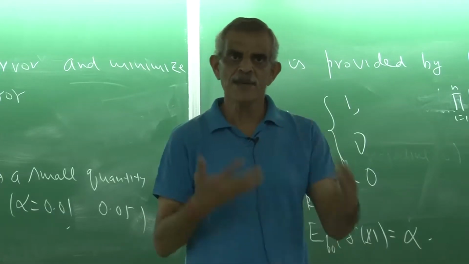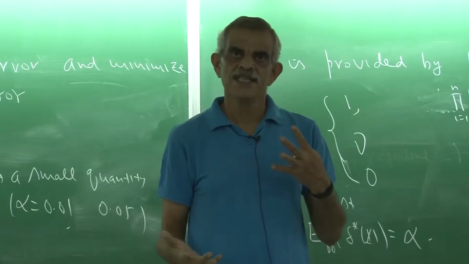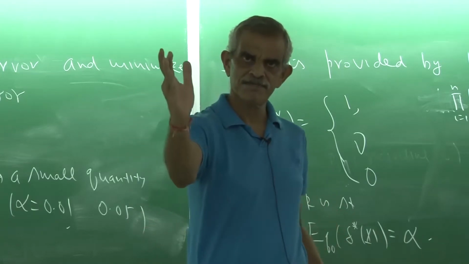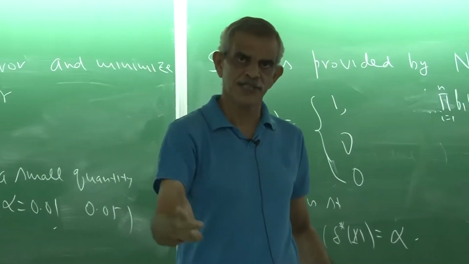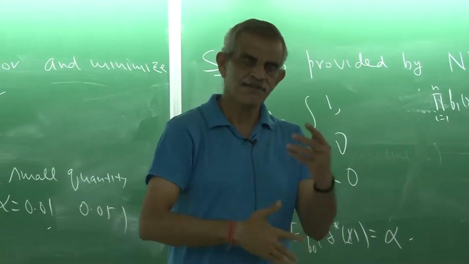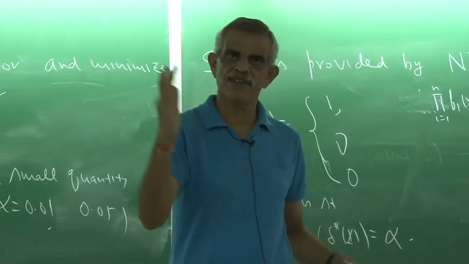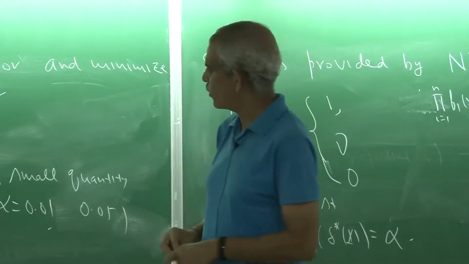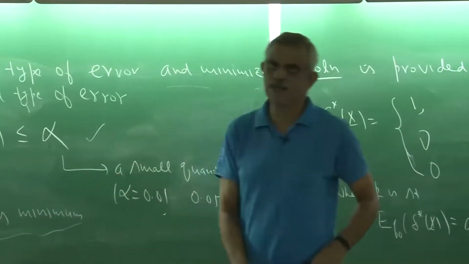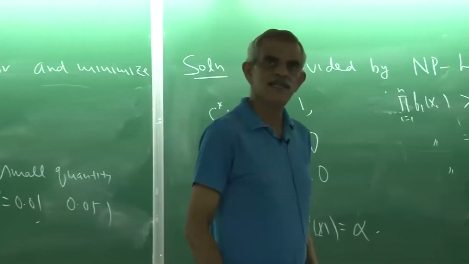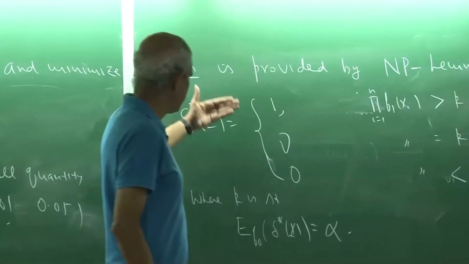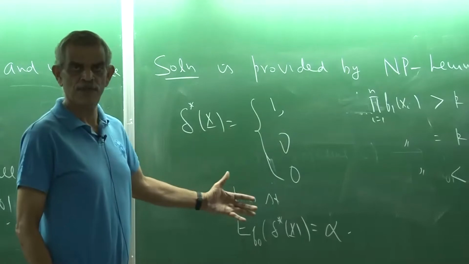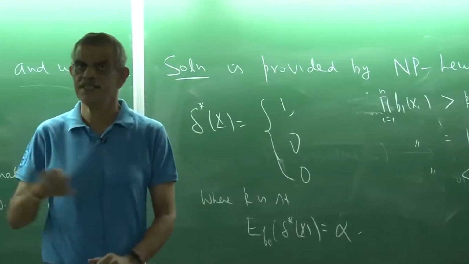So in the classical approach, you try to fix one kind of error which you consider to be more serious. Then I said I'll frame my hypothesis in such a way that type 1 error is more serious. You put a bound on that and then try to minimize the second kind of error, and then you are able to find a test which is optimal subject to this criterion.